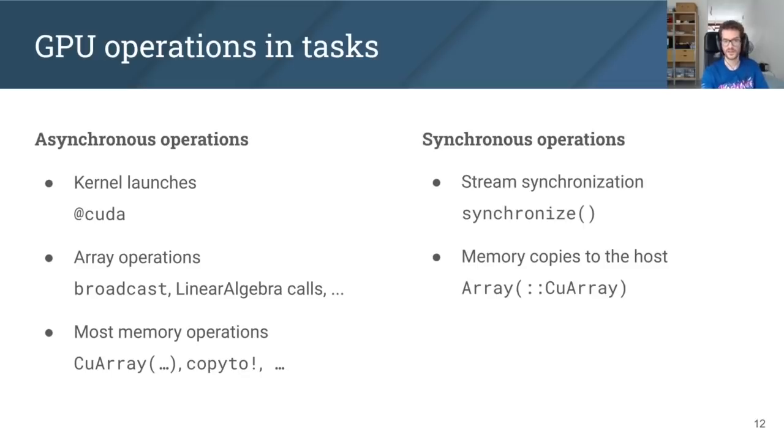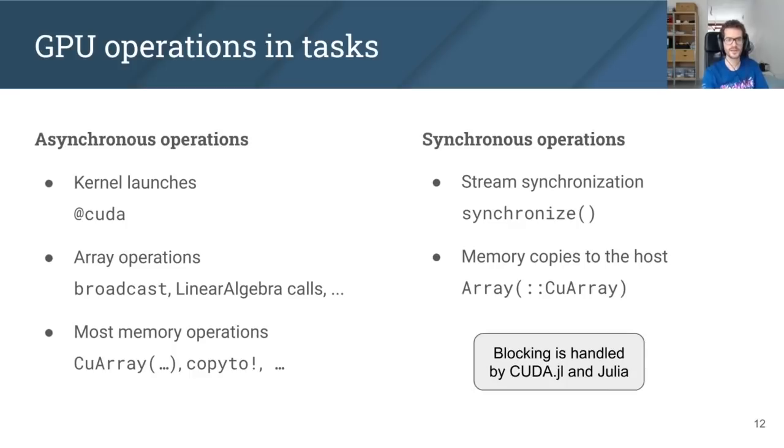Other operations are synchronous, implying they take a while to finish, and a very explicit such operation is the synchronize function, which will block until the GPU finishes executing. Some other operations are implicitly synchronizing. For example, if you copy memory from the GPU to the CPU, we will first wait for the GPU to finish to prevent reading incomplete results.